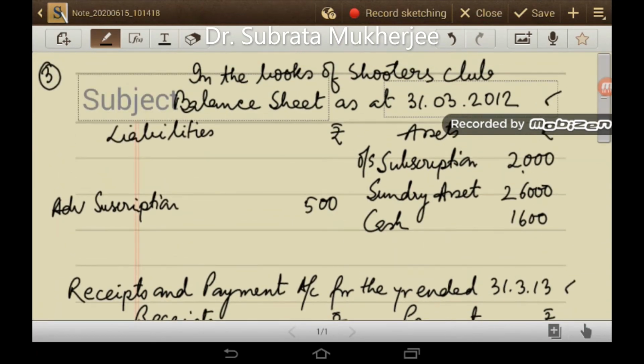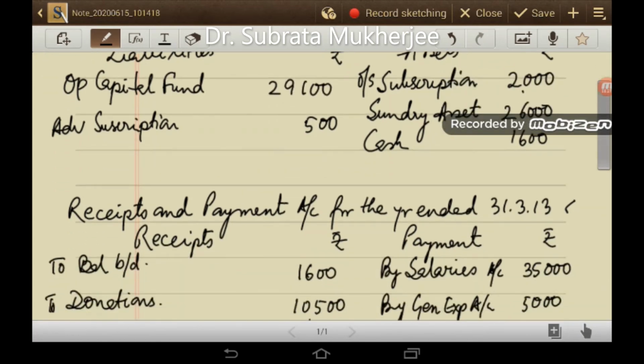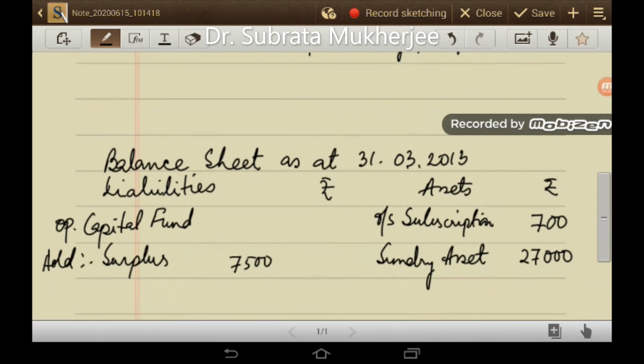So in the opening balance sheet I am writing opening capital fund as 29,100. So in the closing balance sheet also I will post it in the opening capital fund 29,100. So I have completed all the posting regarding adjustment entries.